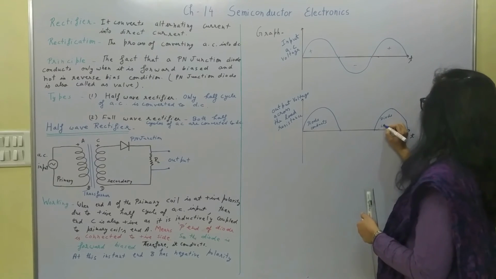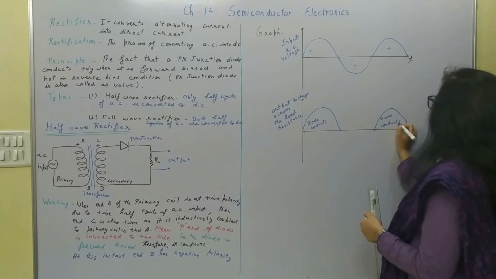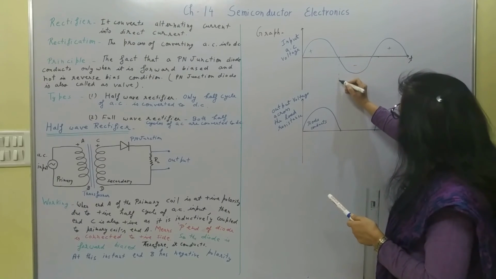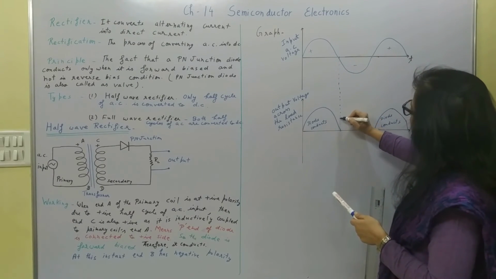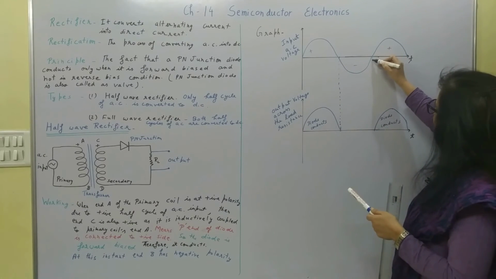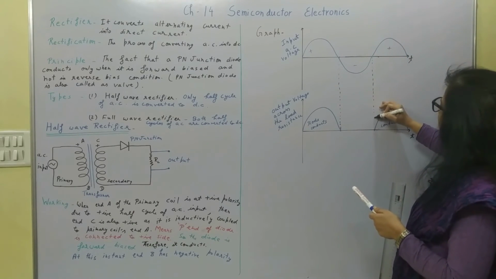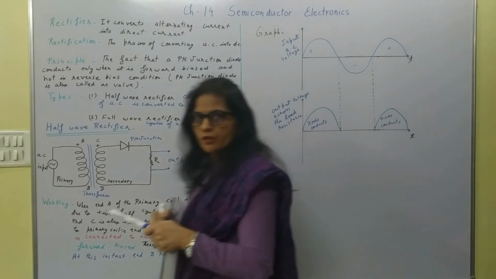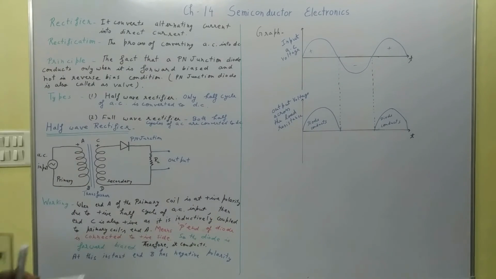You can see easily from here that this part of the cycle is conducted by the diode because it is forward biased during this half cycle.